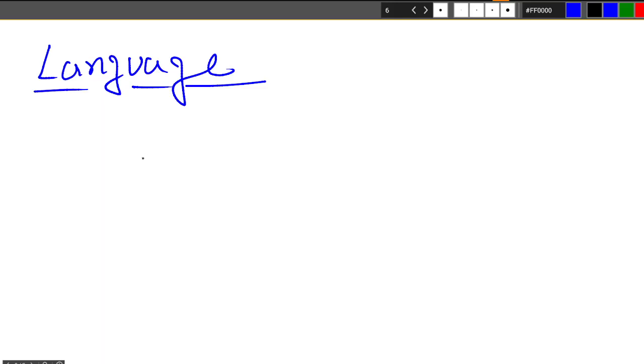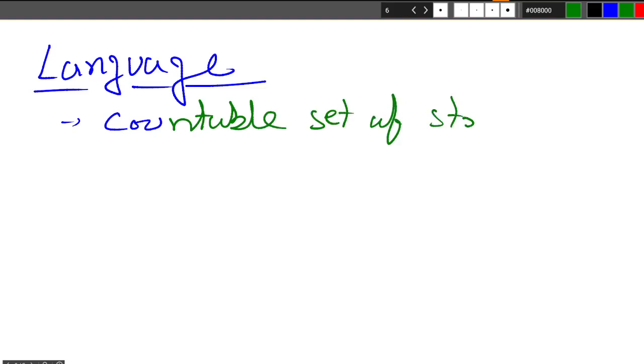So, as you have already seen earlier, let me repeat, a language is a countable set of strings.